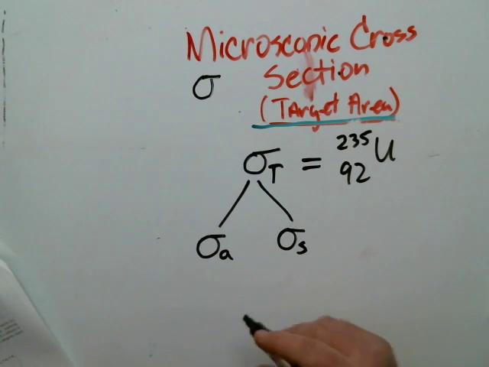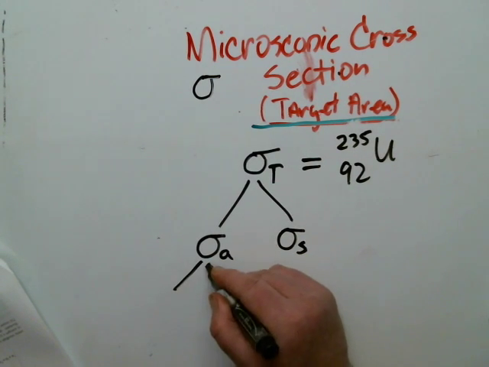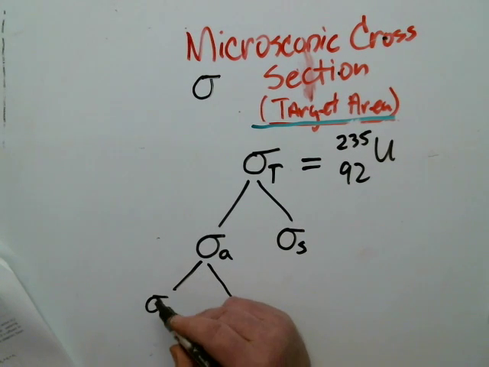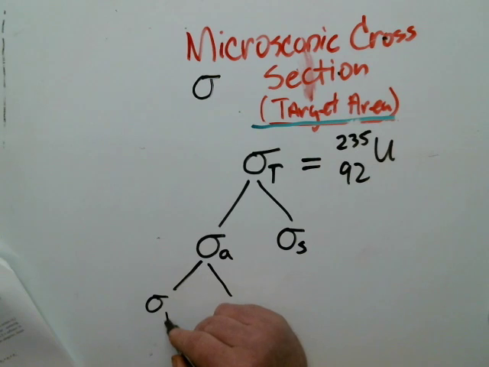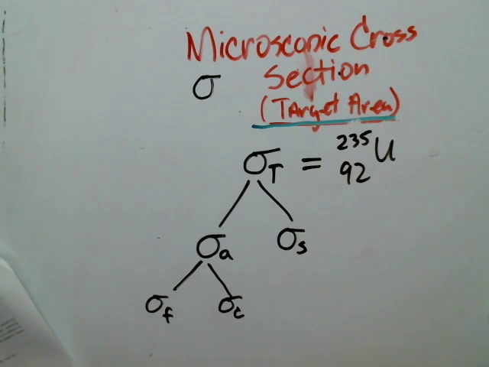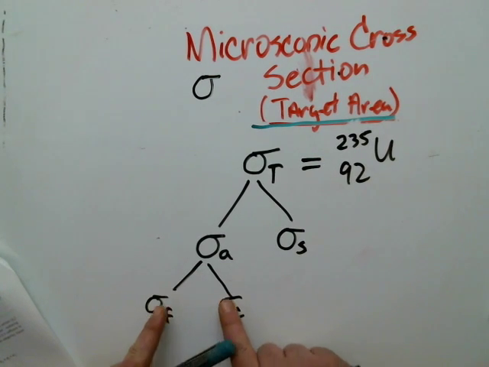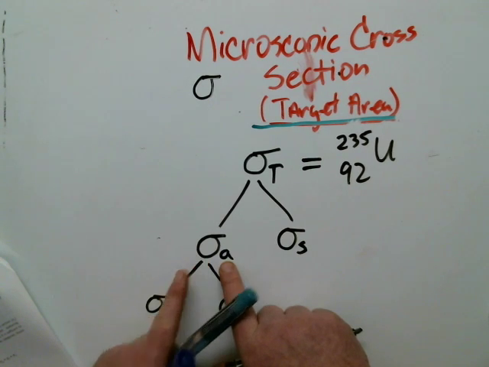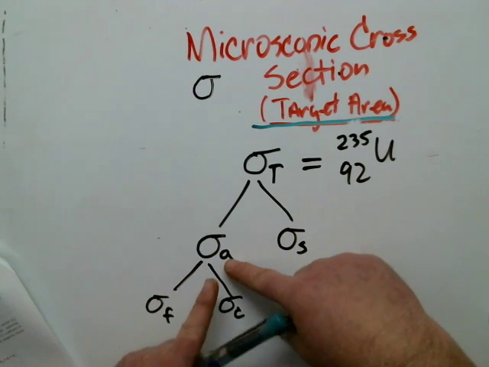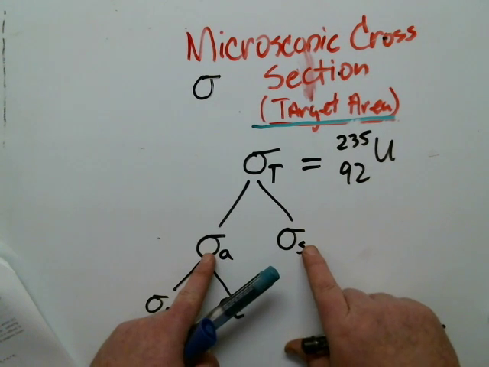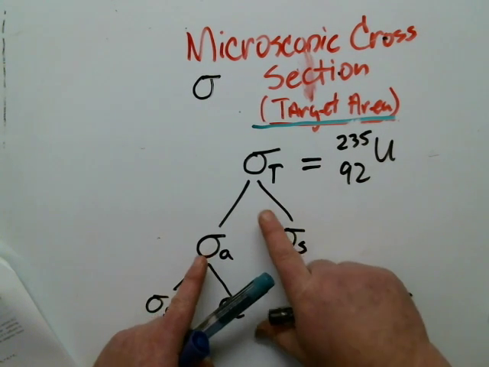But there are two absorption reactions. If a neutron gets absorbed, there's the probability that it causes fission. Or there's the probability that it is just captured and doesn't cause fission. The sum of these two would be the absorption probability. There's a probability if it's absorbed, it fissions. There's a probability if it's absorbed, it gets captured. The sum of absorption and scattering are total.